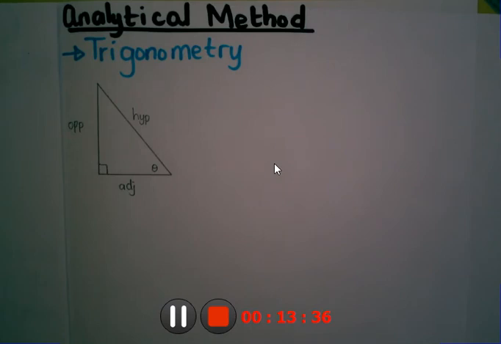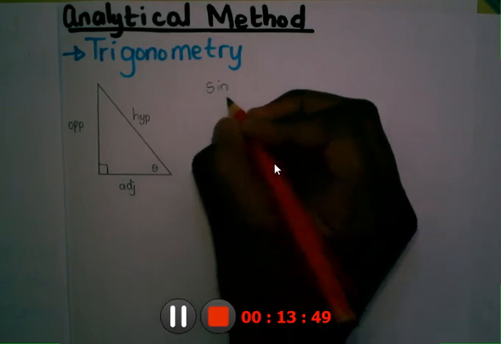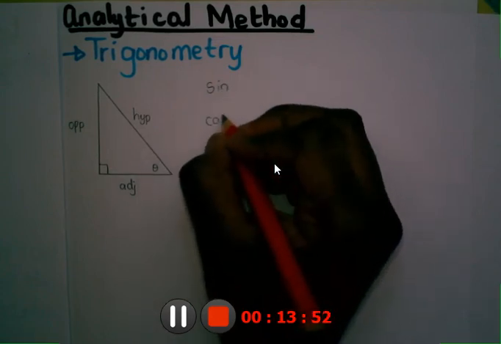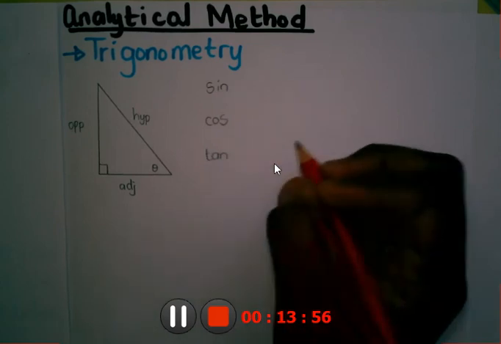Now remember our three trigonometrical ratios. We have sin, we have cos, and we have tan.